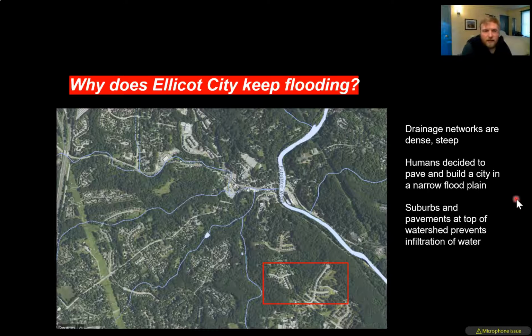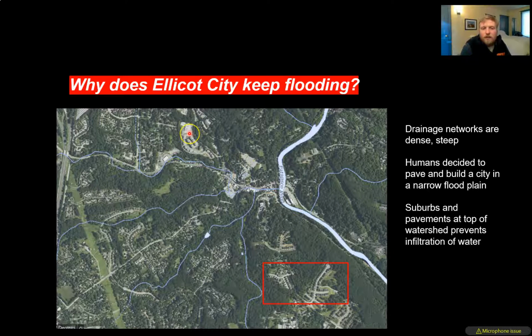So why does Ellicott City keep flooding? This is showing the effect of geomorphology, the effect of the landscape, on river dynamics. What we have in this part of Maryland is the Patapsco River, that's local base level, that all of these tributary streams are going to flow into.